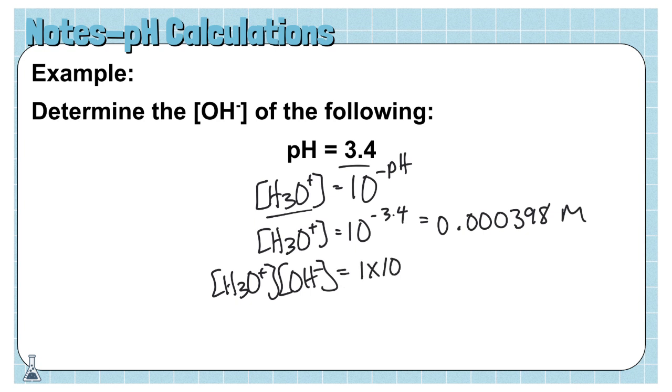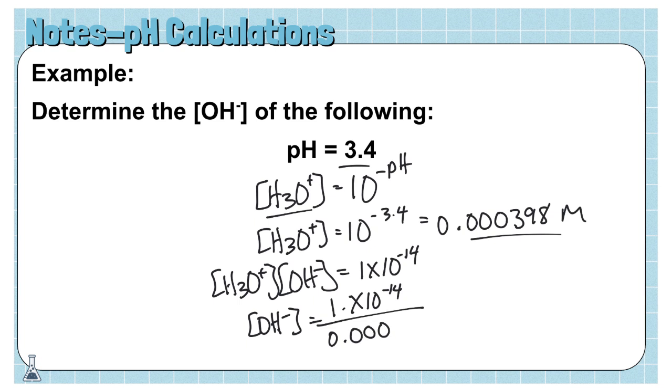Then, using the equation we had earlier, hydronium ion concentration times the hydroxide ion concentration is equal to 1 times 10 to the negative 14th. So I want to know the hydroxide ion concentration. So I'll take 1 times 10 to the negative 14th, divide it by my hydronium ion concentration, which I just found, 0.0000398.